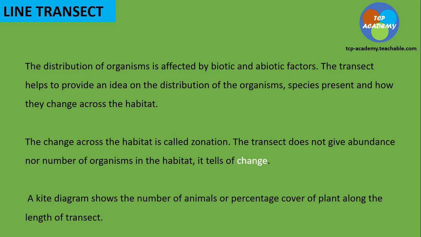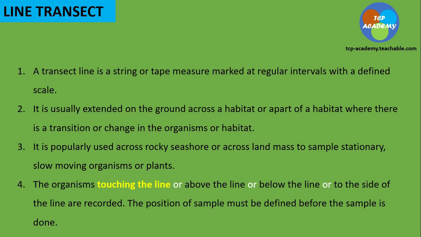A kite diagram shows the number of animals or percentage cover of plants along the length of the transect line. A transect line is simply a string or tape measure that is marked at defined or regular intervals with a specific scale. It could be a meter, more or less.